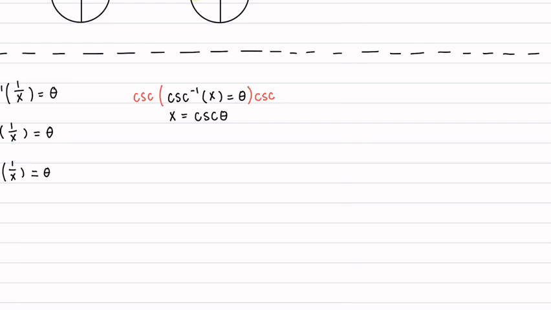Cosecant of theta is equal to 1 over sine of theta. Sorry. So x equals 1 over sine of theta. And then if I multiply both sides by sine, divide by x, I get sine of theta equals 1 over x. And now I'll take the inverse sine of both sides.